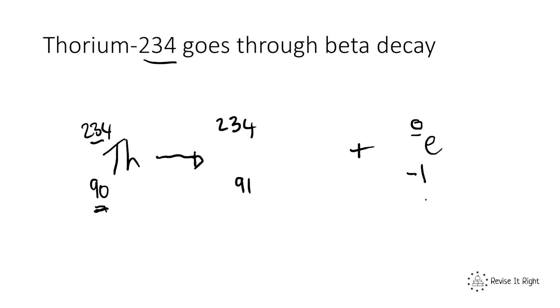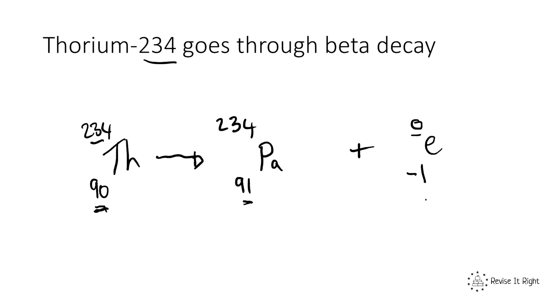Because remember, for every beta particle emitted, a neutron is turned into a proton, which means the proton number is going to go up by 1. Then we need to look on our periodic table and find our element that has a proton number of 91, and it's protactinium, so we write in there Pa. Then we need to check that they're the same on each side.